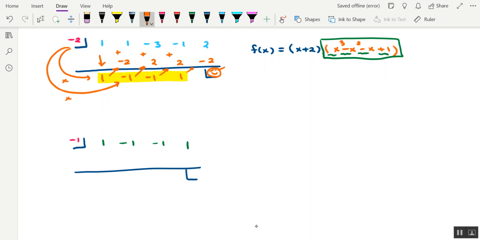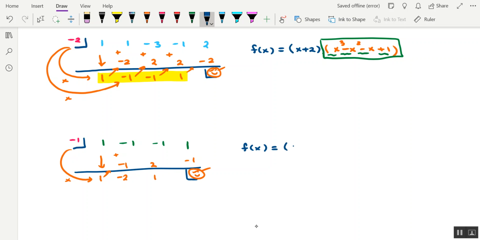Okay, let's whiz through the synthetic division with this one. And we get 0. So that confirms that -1 is a real zero of the polynomial function.